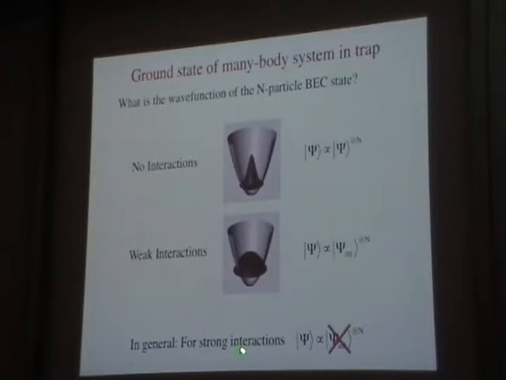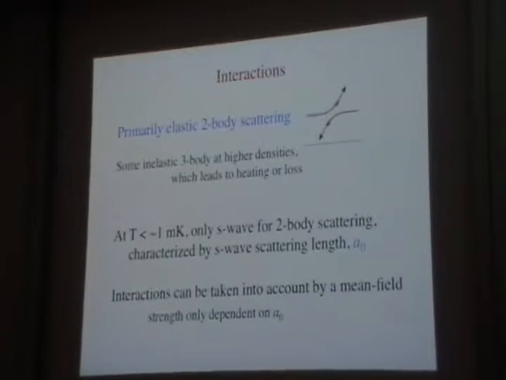When you get into the regime of strong interactions, which I'll mention towards the end of the lectures, this description no longer works. It's not just a product of single-particle wave functions. You have to really consider what the many-body wave function looks like when the system is highly correlated.